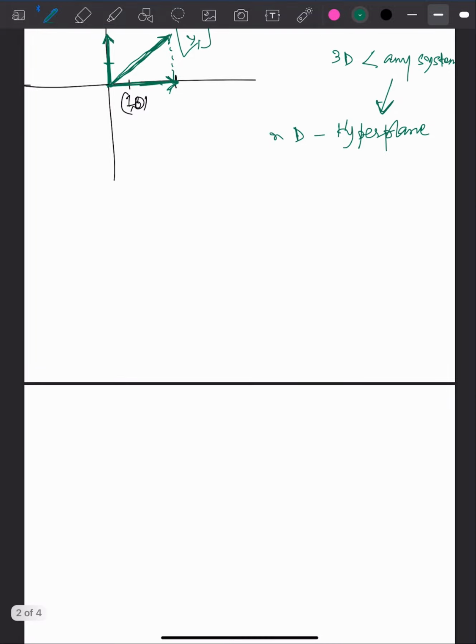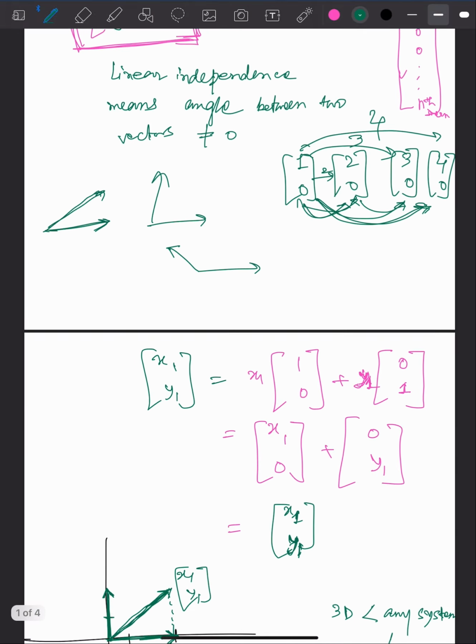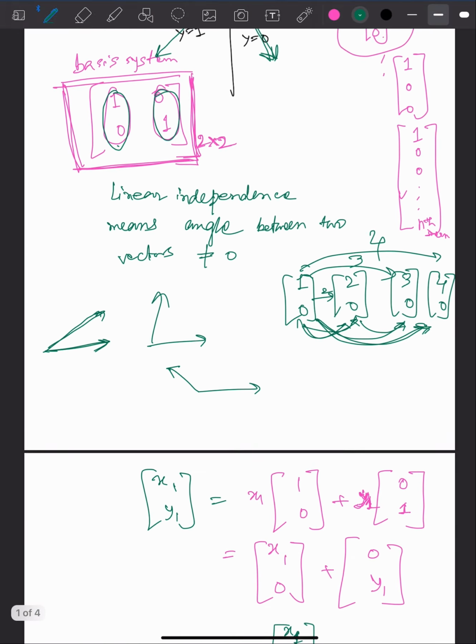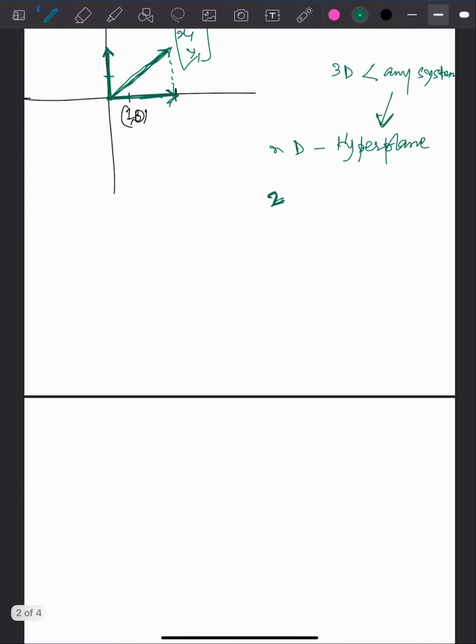Now we can change the basis vectors, and accordingly all the vectors of the previous basis system would be changed. We can take any basis vector of our choice, and we must remember that the new basis vectors must also follow the rule of linear independence.